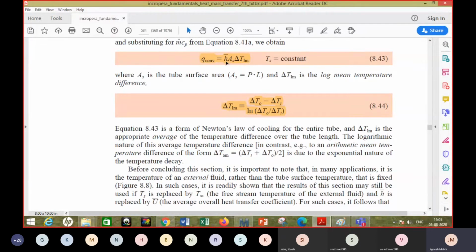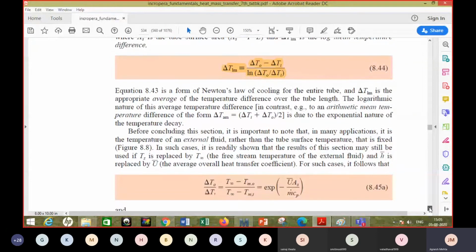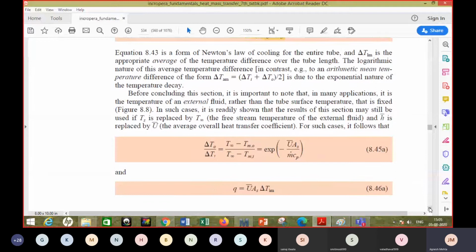And let's say you have found the value of h, you know the area of the surface, but you have to get the log mean temperature difference between the two fluids to be able to find what would be the heat transfer rate. Okay, so this is about the log mean temperature difference.